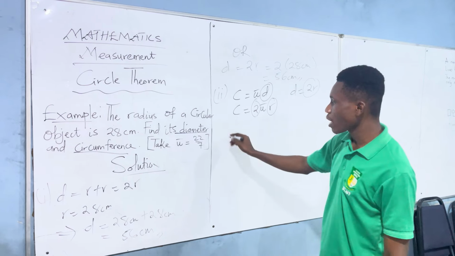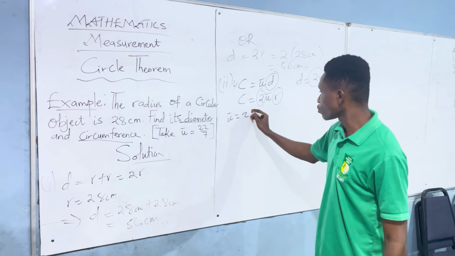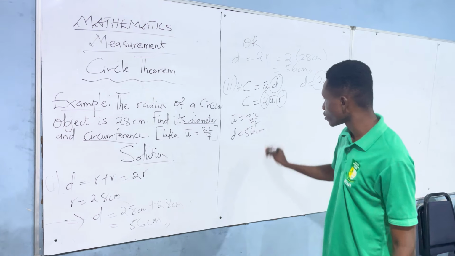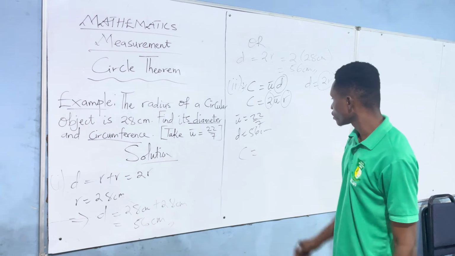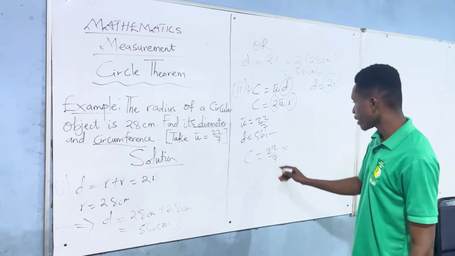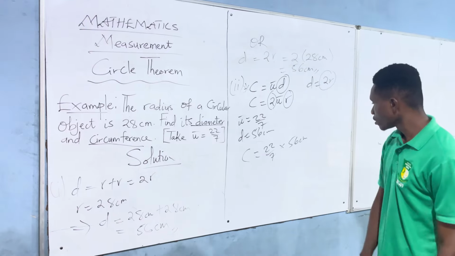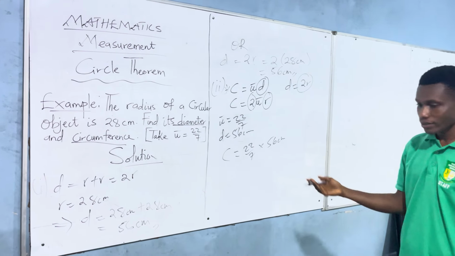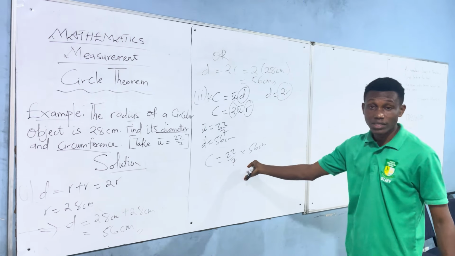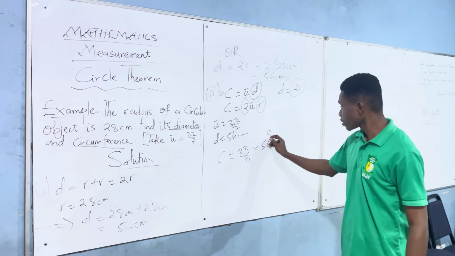So with the first one, our pi is 22 on 7 and our d is 56 centimeters. So our circumference is equal to pi, 22 on 7, times the d, 56 centimeters. Now we check whether 7 can divide the 56. 7 7s are 49, 7 8s are 56.